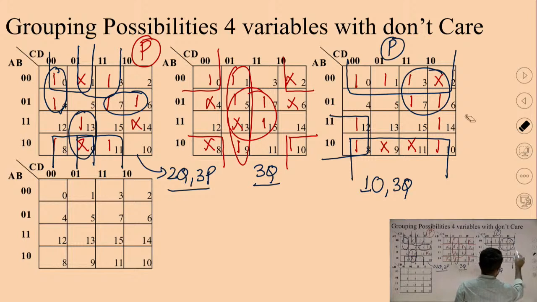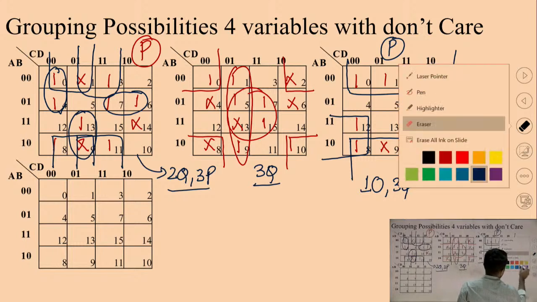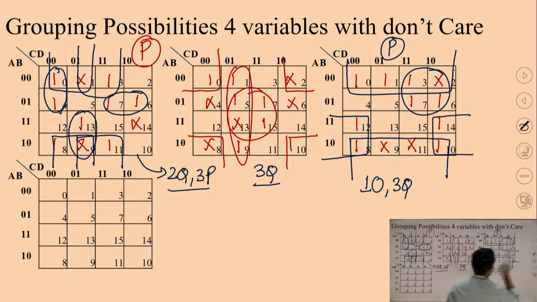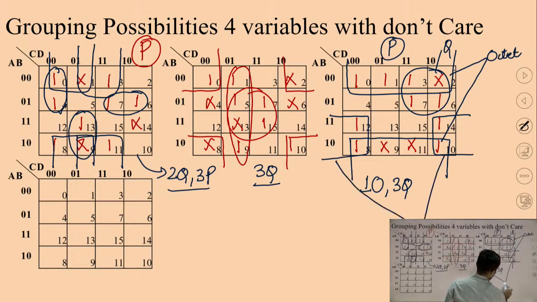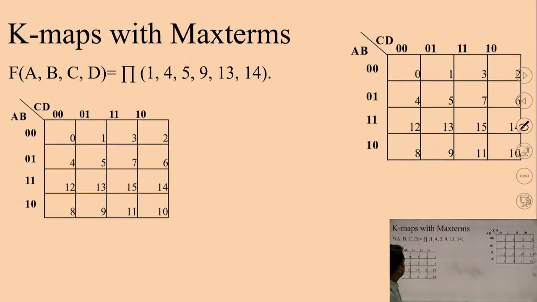So if I make this arrangement only, that means one of the octets, this one, this is an octet, okay, this is a quad, and this one another quad. So the answer is 1 octet and 2 quad. Perfectly correct. Okay. So let's proceed further.